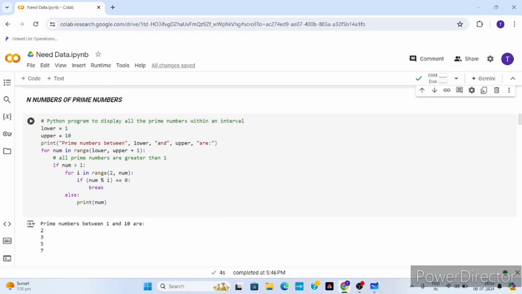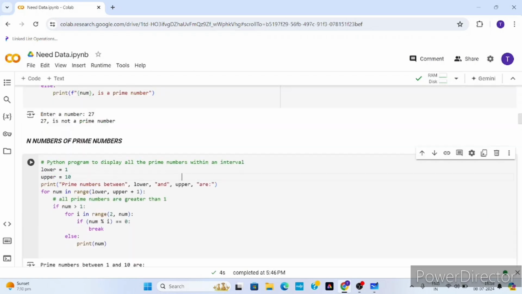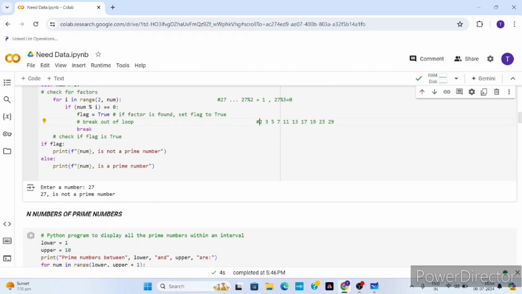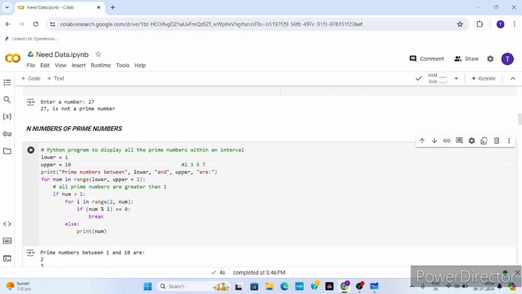What are the numbers between 1 and 10? We printed them above: 2, 3, 5 and 7. These are the prime numbers present between 1 and 10.